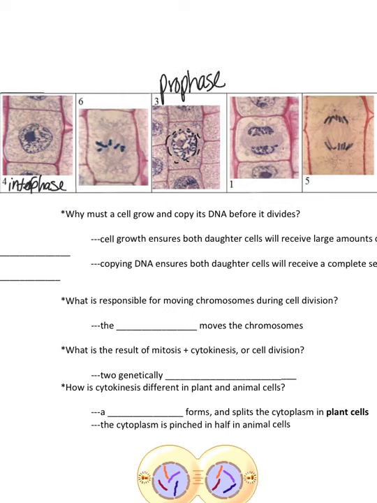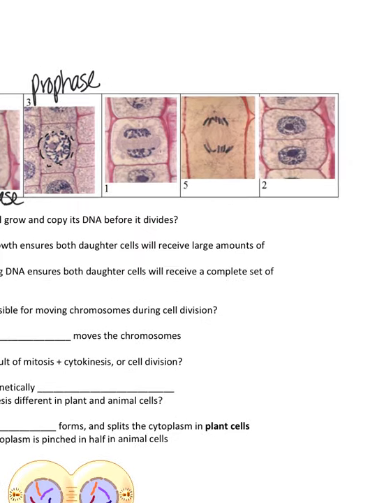And then metaphase, PMAT, M stands for metaphase. That's where they line up at the equator. And then anaphase is where they move apart and they kind of string out like this. Okay, and they're riding on those spindles. You can kind of see them in the middle here. I always call them the zip lines. So number 5 is anaphase.